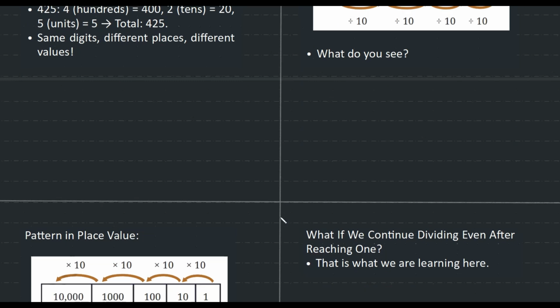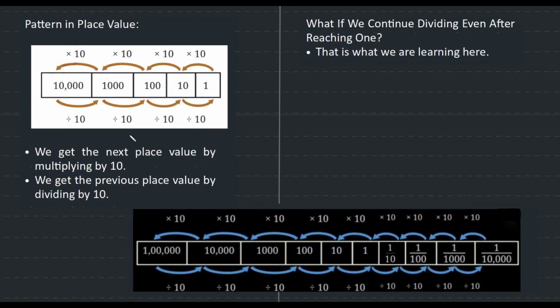You guys agree? So the pattern in place value is that we get the next place, that is the higher place value, by multiplying with 10. So let me write the word higher. While the previous place, that is the lower place value, we get by dividing with 10.